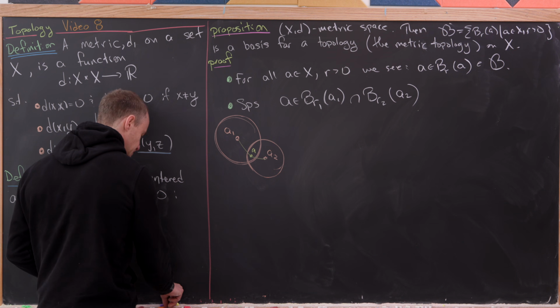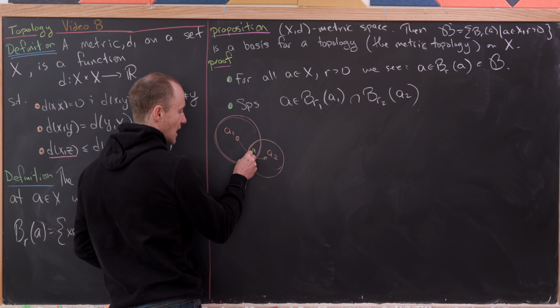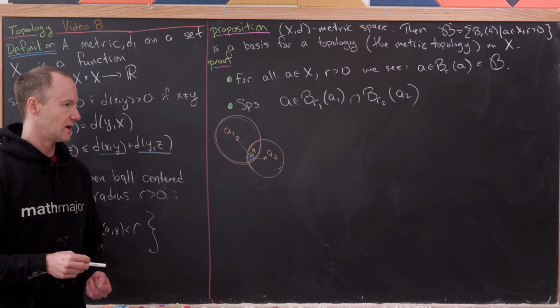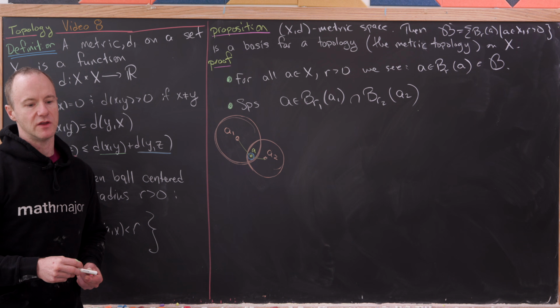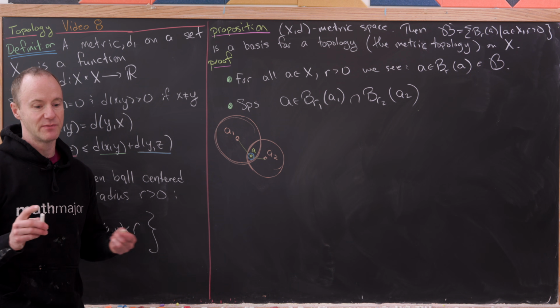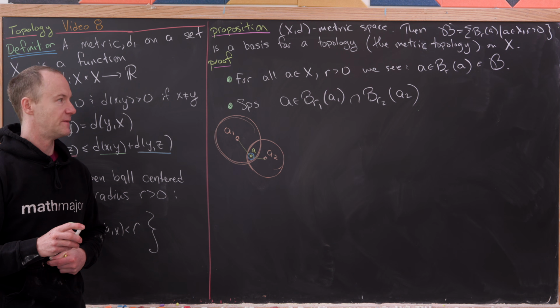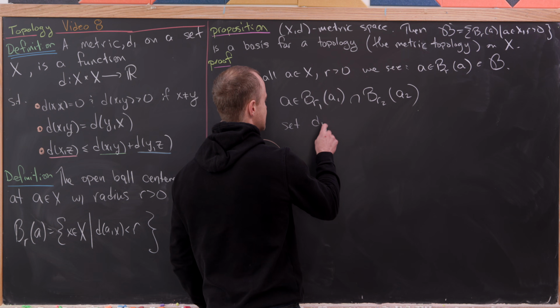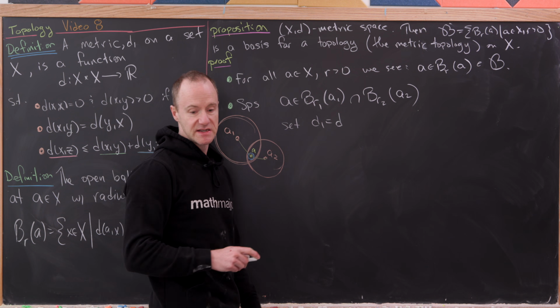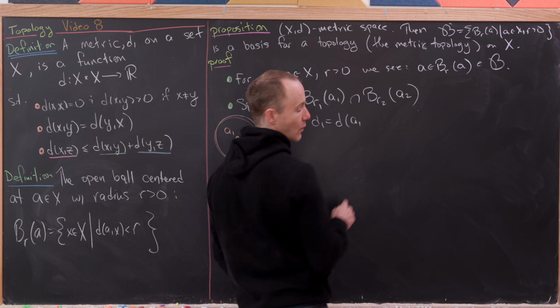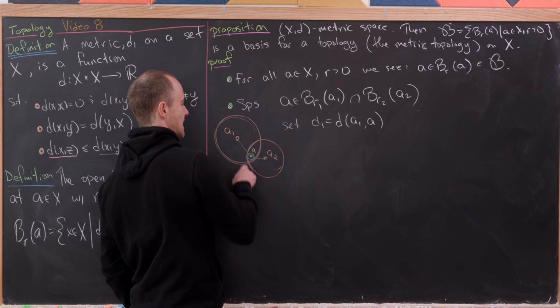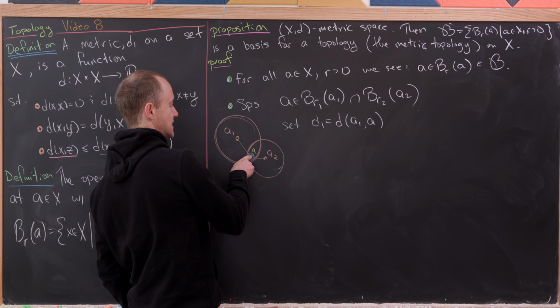But what we want to be able to do is squeeze another ball inside of this intersection. And there's actually a way to do that, by thinking about what the measurement would look like in the Euclidean metric, and the same type of measurement will work in this arbitrary metric as well. Okay, so let's set D1 equal to the distance from A1 to A, so that's like from this point to this point.